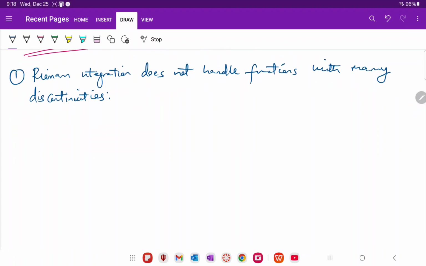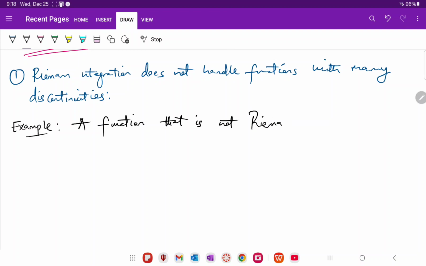So let's give an example of that. Example, a function that is not Riemann integrable.